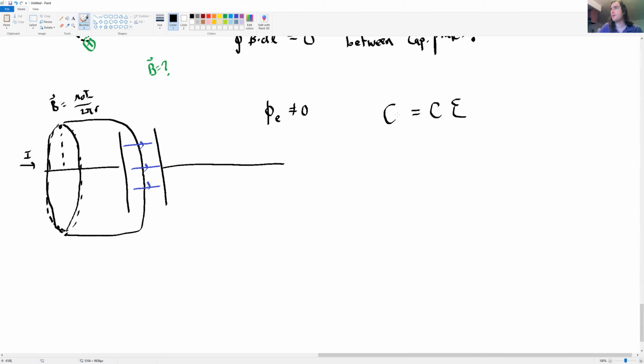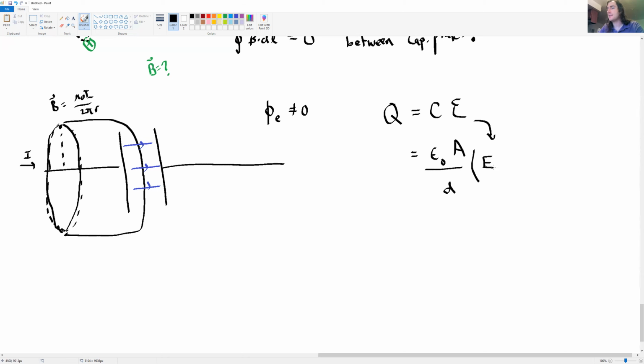I forgot the book writes lowercase letters as time-changing letters, but I don't really do that. So capital Q here, the charge on the capacitor plates, is equal to the capacitance times the voltage between the two plates. Okay, well, we can rewrite the capacitance as epsilon 0, or kappa times epsilon 0, area of the plates divided by the distance between the plates, and we can rewrite the EMF, or the voltage across the plates, as the electric field.